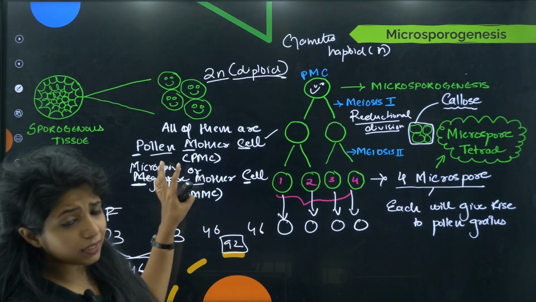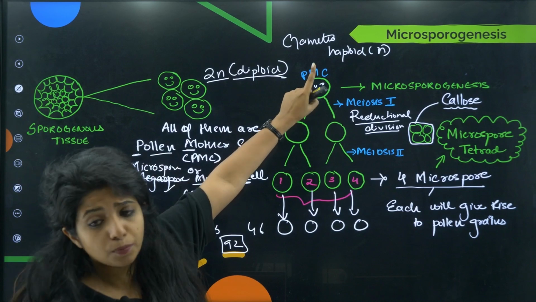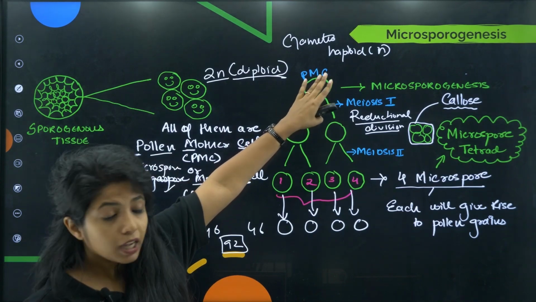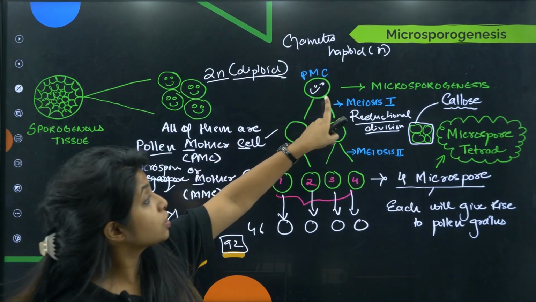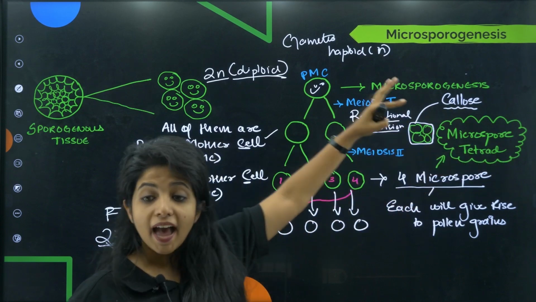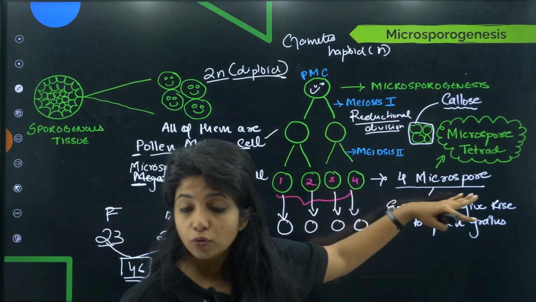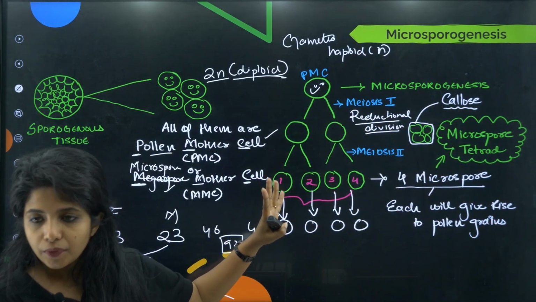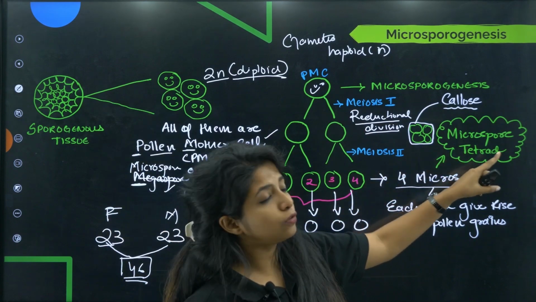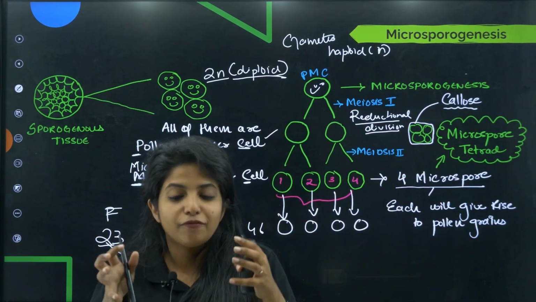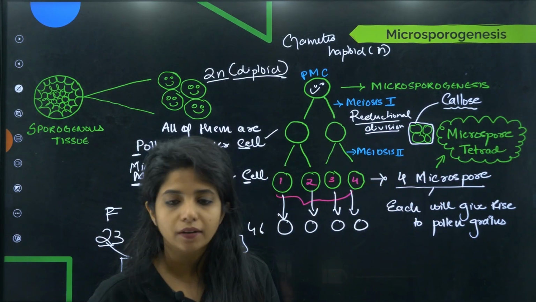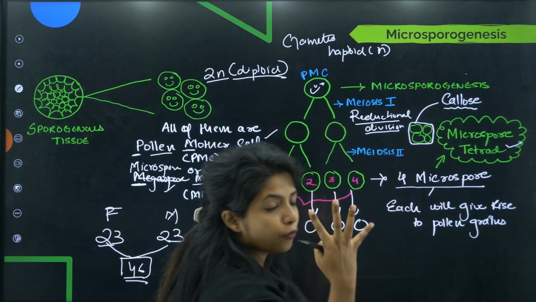So the microspore mother cell, that is the PMC or pollen mother cell, underwent division, which is known as microsporogenesis, and now at the end you have so many microspores. How many, children? 4 of them. If I want to call these 4 microspores together as a family, I call them a microspore tetrad. Microspore tetrad means 4 microspores.